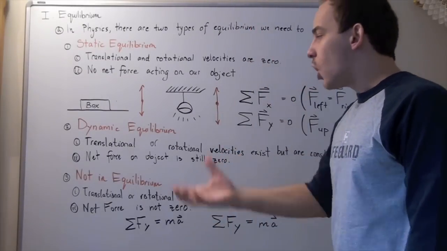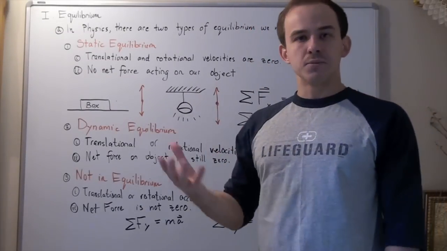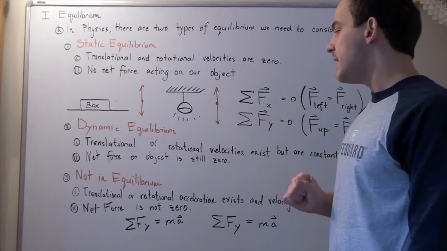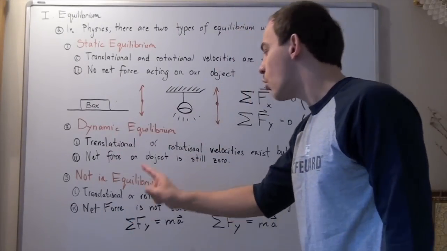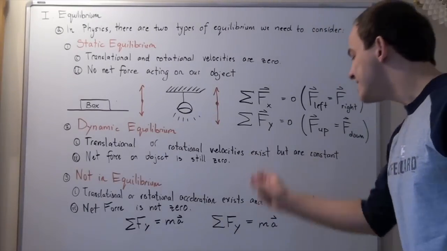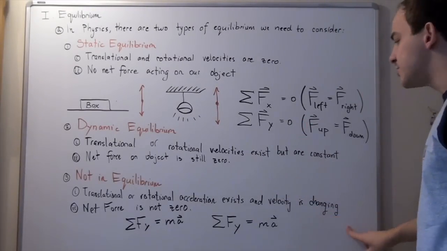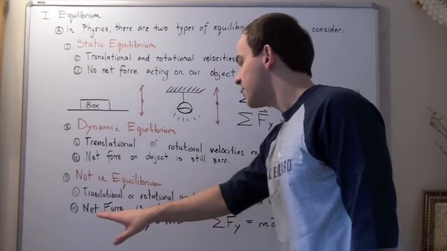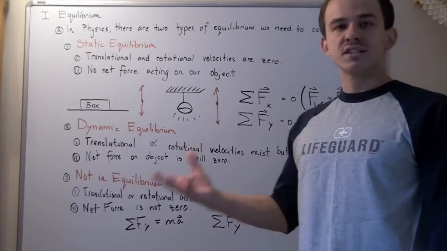So, we could also have an object or a system of objects that are not in equilibrium. And what this basically means is that the translational or rotational acceleration exists and the velocity is changing. It's not constant. And that's because there is a net force along some axis.